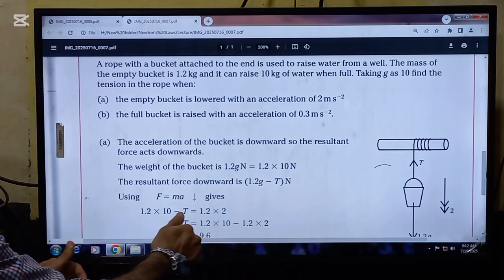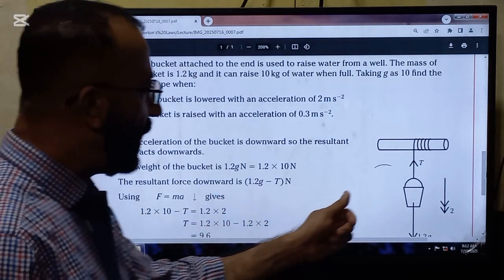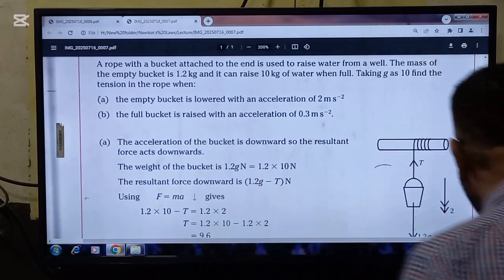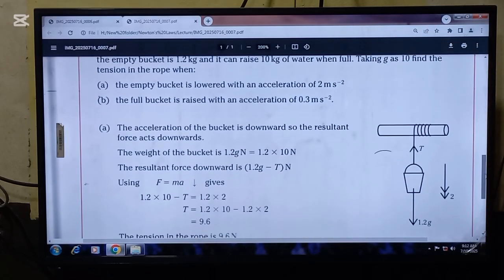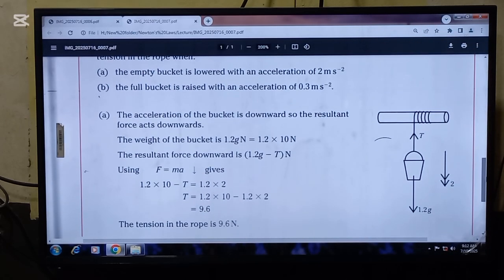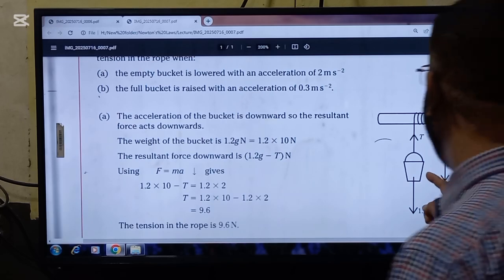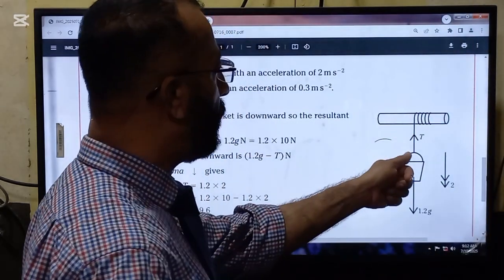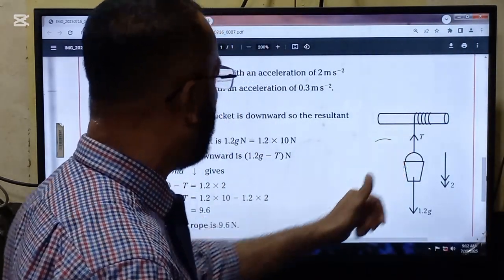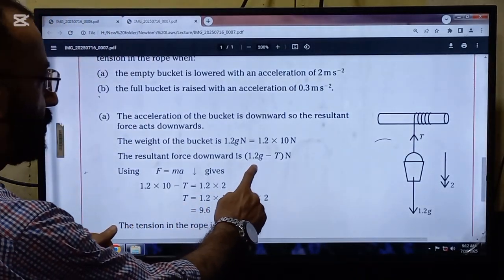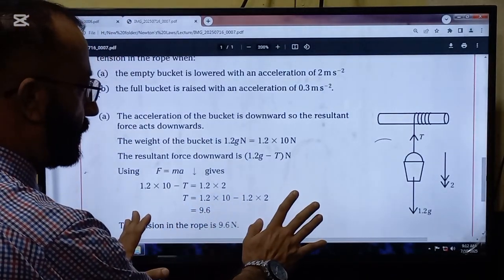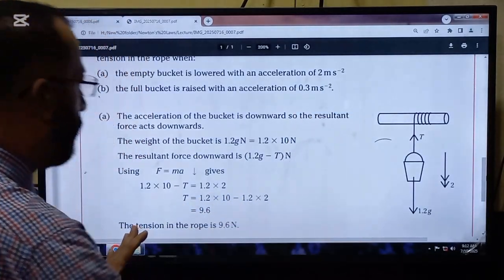Okay, now the resultant force downward is, because the bucket is lowering into the well, it means the weight of the bucket is more than the tension in the rope. So it means 1.2g minus T, because the bucket is lowering.